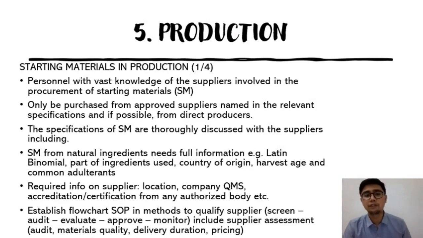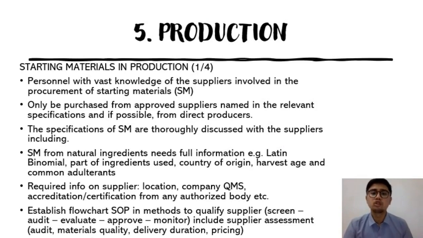As for health supplements that usually use natural starting materials, full information of the ingredients, including the Latin binomial, part of the ingredients used, country of origin, harvest age, and common adulterant, should be clearly specified. Complete details of the supplier are also compulsory, such as the supplier's location, the company quality management system, and its accreditation or certification to make sure that the starting materials procured are of standard quality.